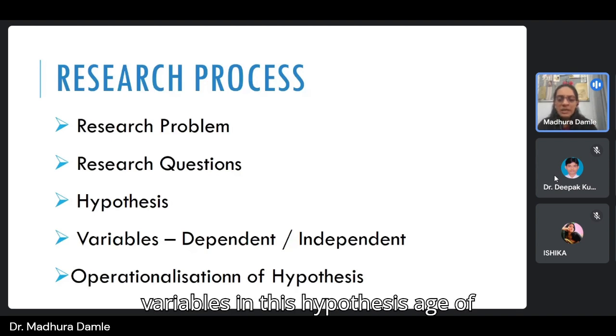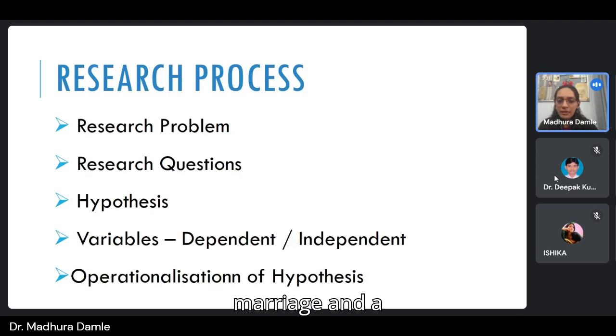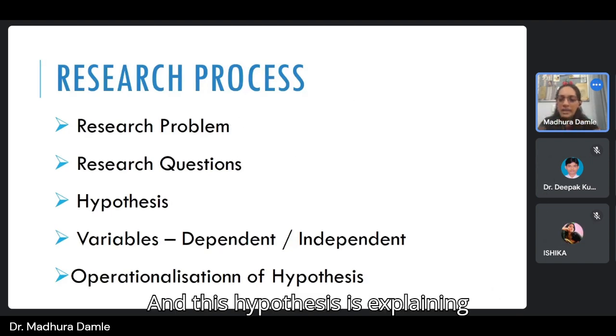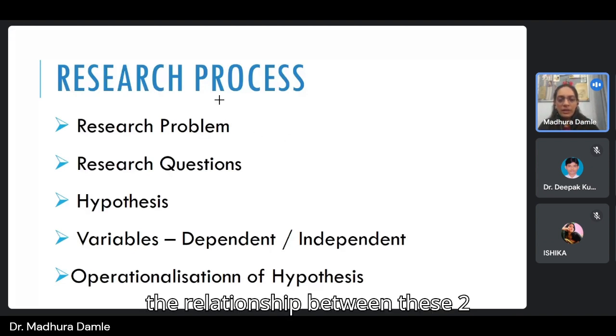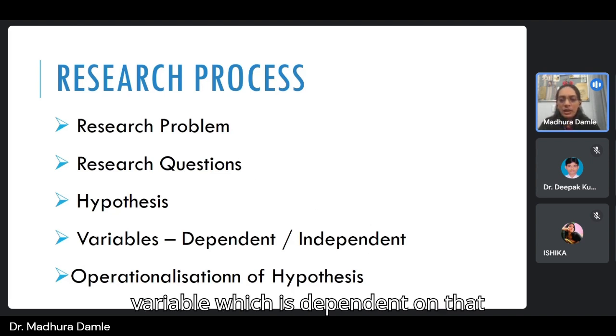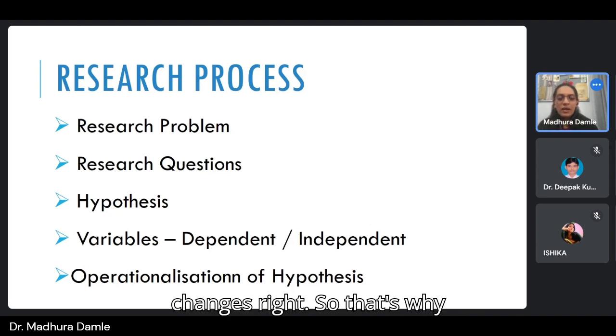Which are the two variables in this hypothesis? Age of marriage and a particular government scheme. And this hypothesis is explaining the relationship between these two variables, that when one comes into the picture, another variable which is dependent on that changes, right?